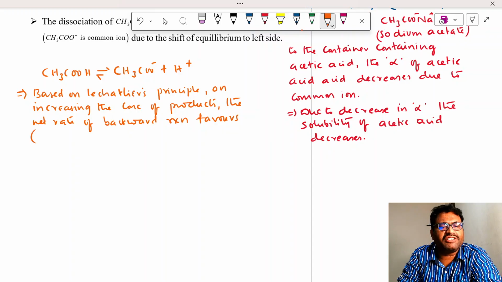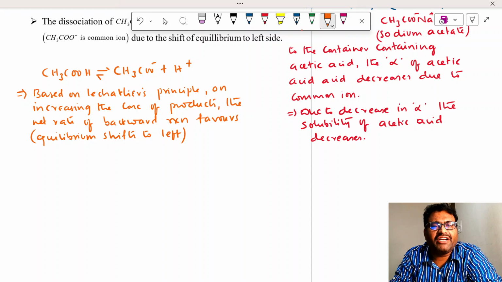That means the equilibrium shifts to the left side, the backward direction. Okay, this we know.